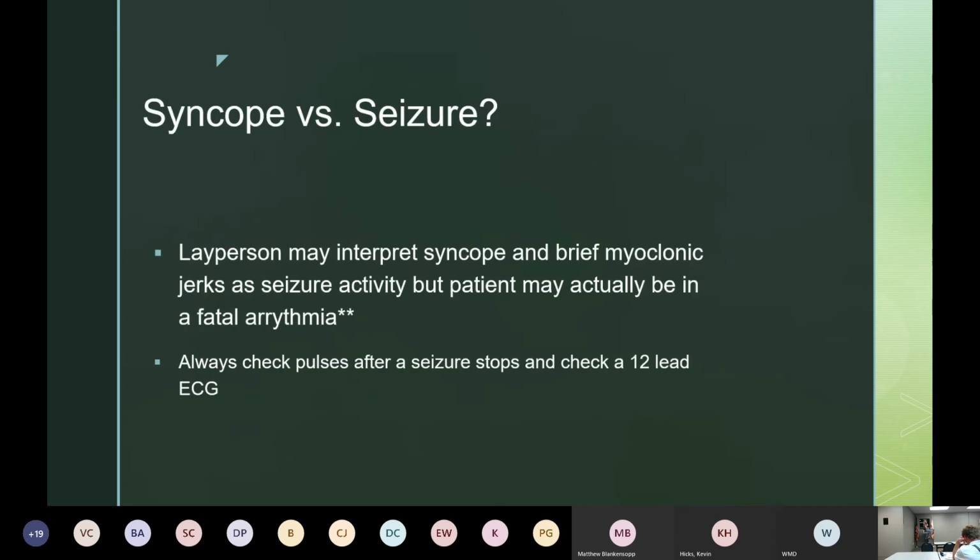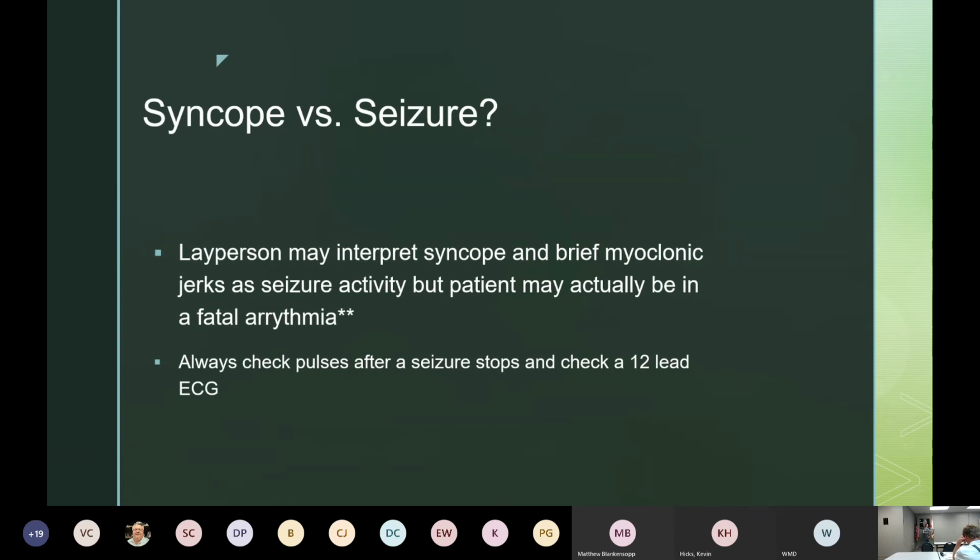So this is a very important slide. You might get called out on a seizure, and it might be very hard to differentiate initially if the patient's had a syncopal episode with some myoclonic jerks versus an actual seizure. So you might get called out on a seizure call and actually be either just syncope or the patient is having ongoing arrhythmia.